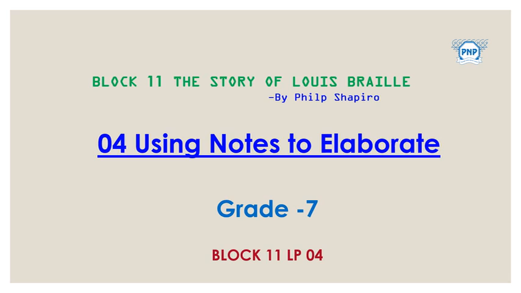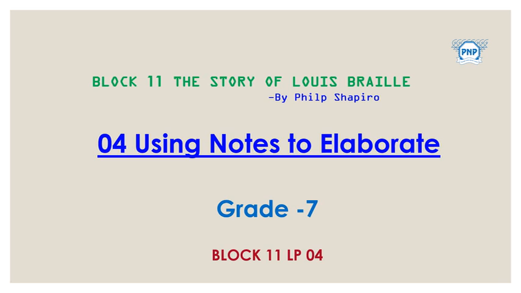In the story itself, we have seen how Louis Braille accidentally lost his eyesight. After that, how he started thinking about how he could make something by which blind people could read very easily. So we are going to check all these things.